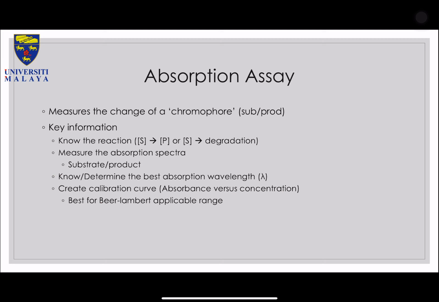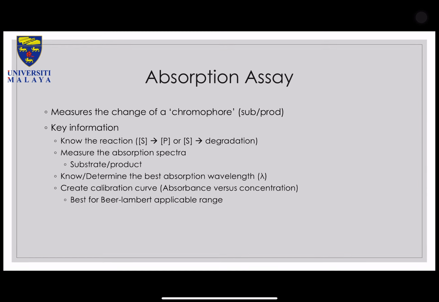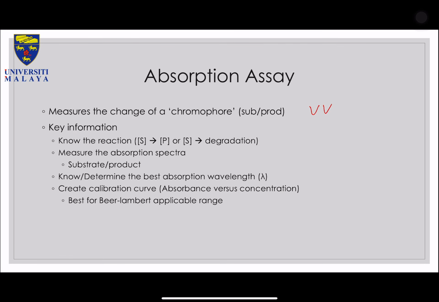If you just use UV-Vis, you cannot measure the concentration directly, because UV-Vis will just give you a value. If you recall your second year lab, it will just give you a value like 1, 1.2, or 1.4. So what you need to do then, I will talk about it down here.